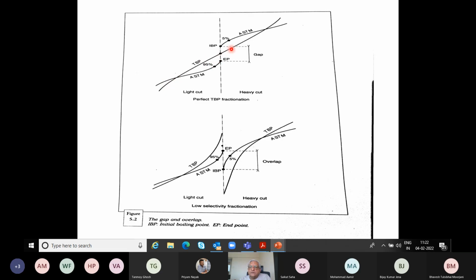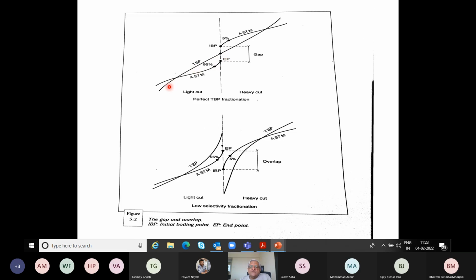And below the mean average boiling point, the TBP graph is below the ASTM. So there's a negative correction and there's a positive correction, from those equations that we discussed.